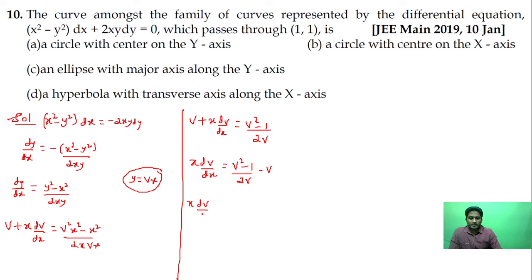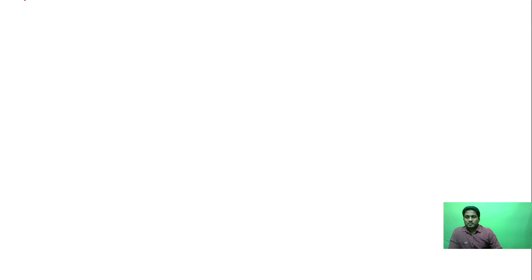X into dv by dx is equal to v square minus 1 minus 2v square divided by 2v. So x into dv by dx is equal to v square minus 2v square is minus v square, minus 1, divided by 2v. So 2v divided by v square plus 1 into dv is equal to minus dx divided by x.